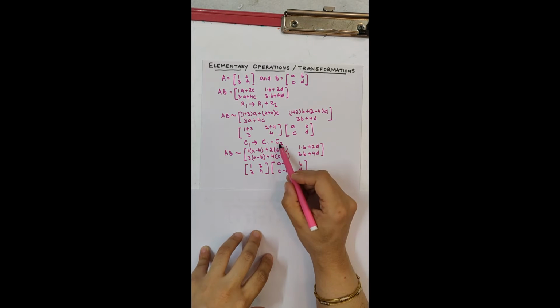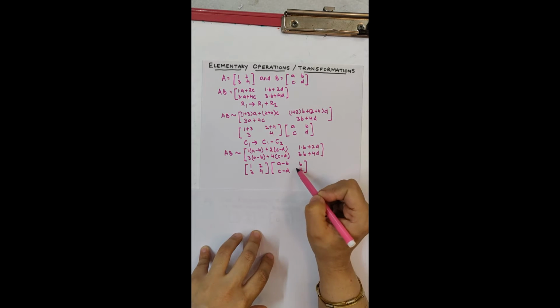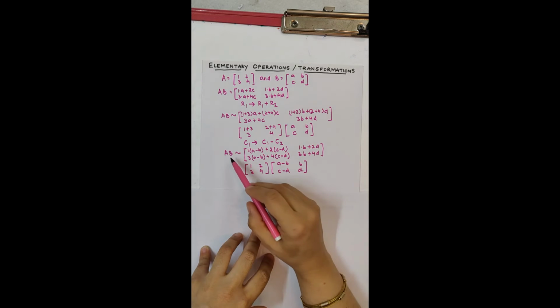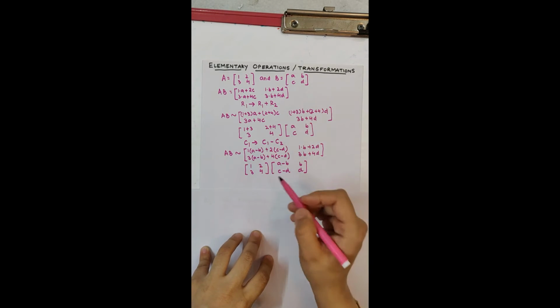So the column operation that you have applied to the product of matrices is actually getting applied to the second of the original matrices, that is the matrix B.